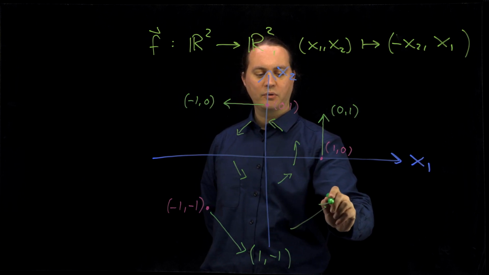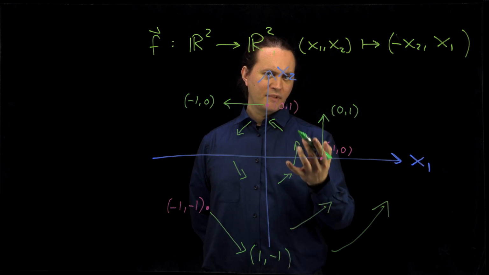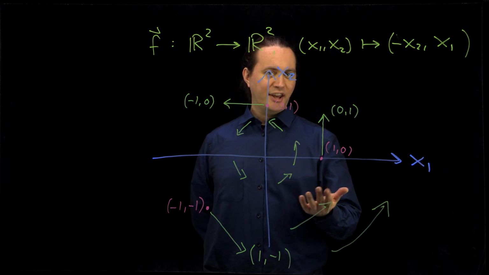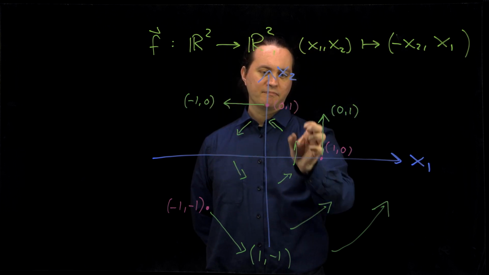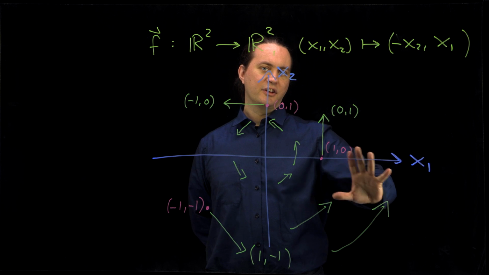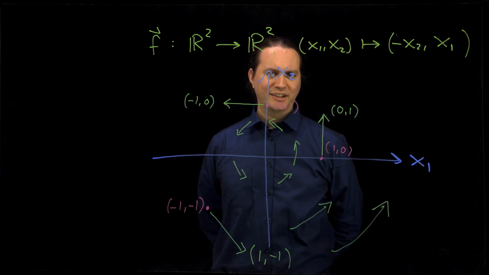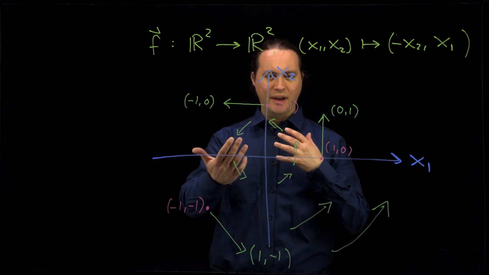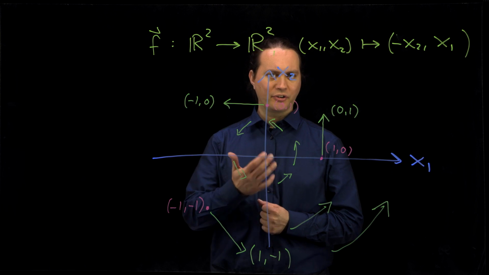And the further you get away from the origin, the faster the flow will look like. So the physical interpretation of this vector field will be a circular flow around the origin. And the further you get away from the origin, the stronger the flow becomes. In fact, this very simple vector field is very important, and it will help us to illustrate a few concepts later on when we discuss the divergence or the rotation operator.